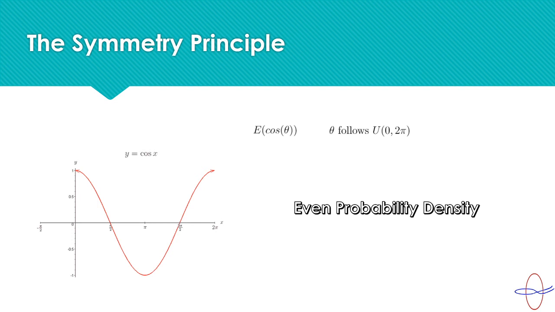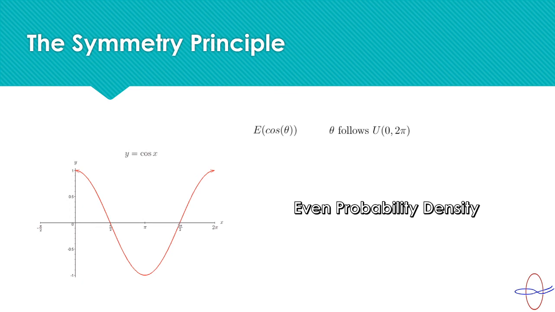So therefore the integration will be 0. That's really an interesting idea. But if you want to be more mathematical and love to do calculations, you can calculate this and find out that the density of cos theta is proportional to 1 by root over 1 minus y square, which is essentially an even probability density.